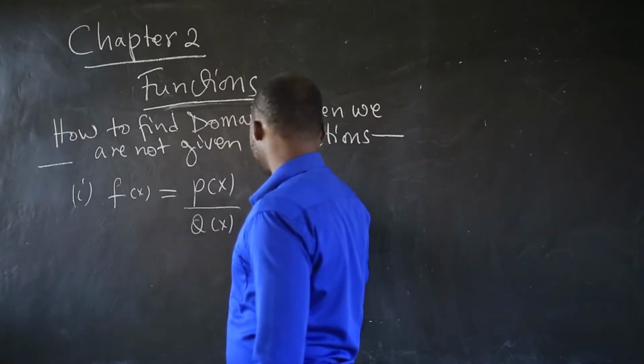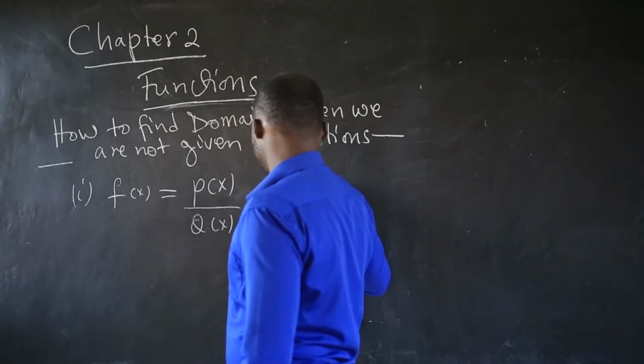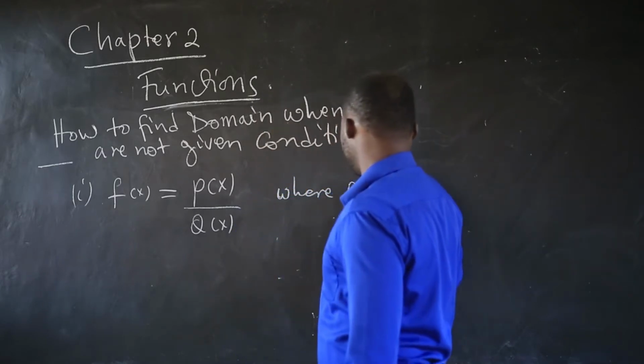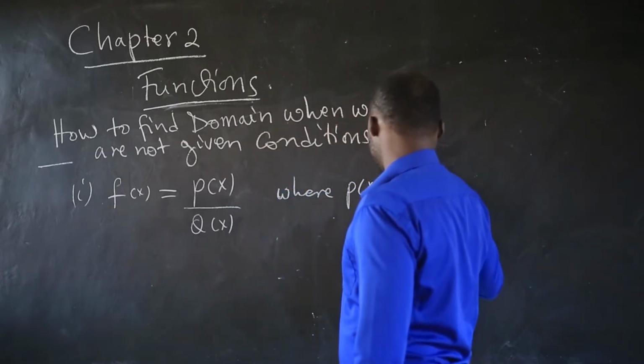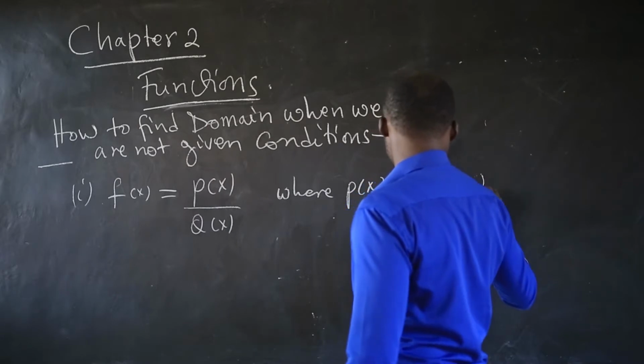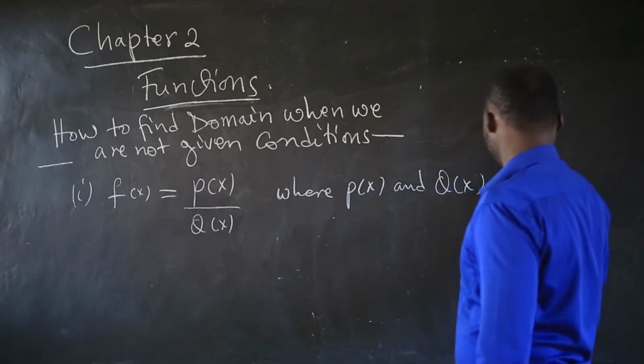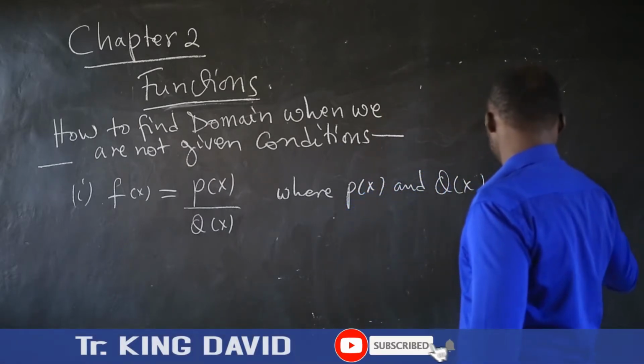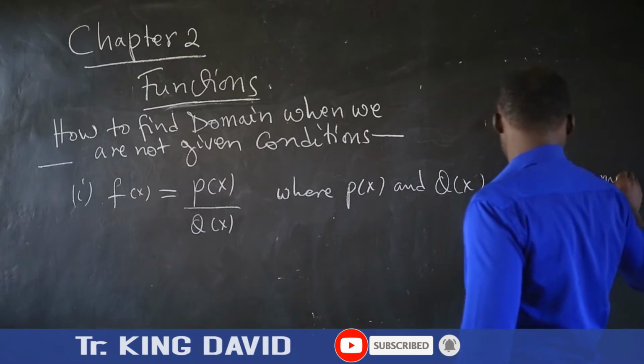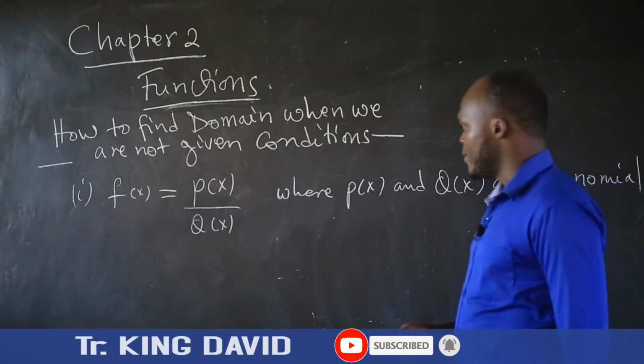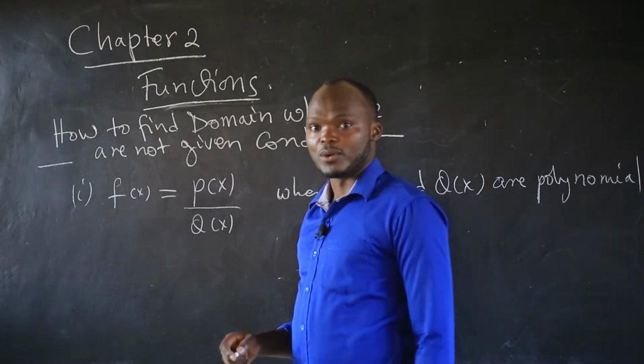Where p of x and q of x are polynomials.